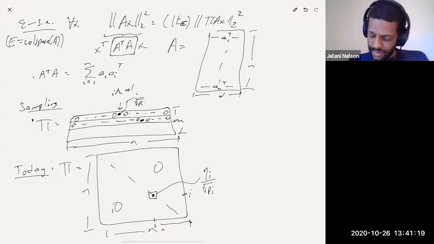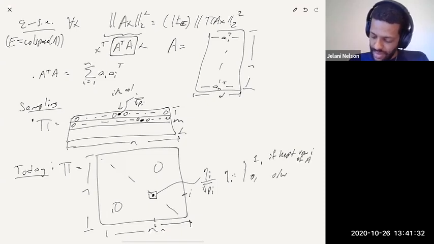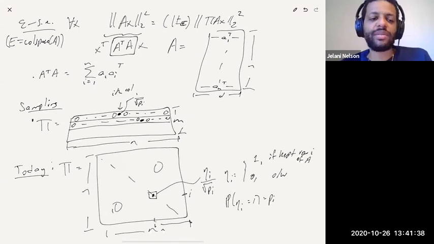So eta I is equal to 1 if we kept row I of A and 0 otherwise. And the probability that eta I is equal to 1 is going to be pi. So it's similar to what I wrote above.